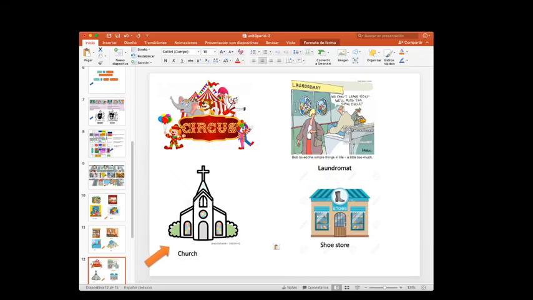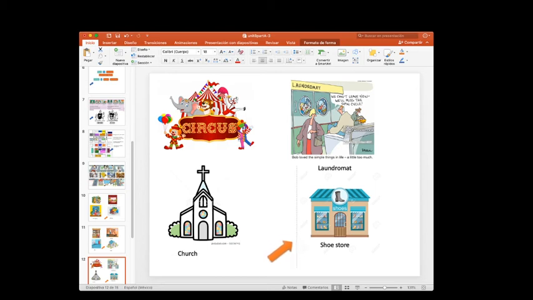This is the church. If you have a religion, you go to the church. And if you don't wash your clothes at home, you obviously go to the laundromat. This is more common for people who are studying abroad. And when you want to buy new sneakers or new shoes, you have the shoe store.